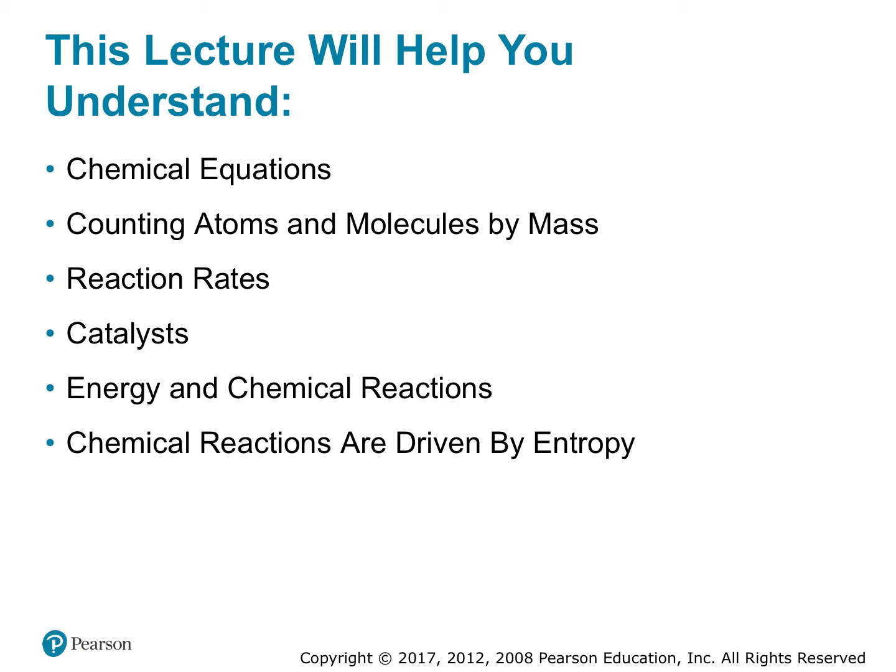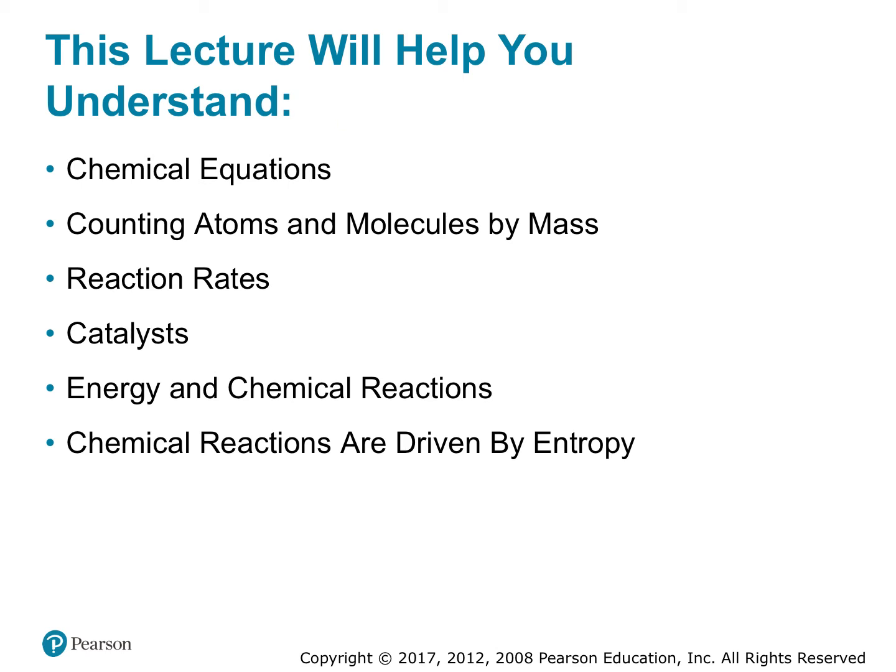In the next video, we're going to look at how different reaction rates occur with different kinds of chemical reactions. We'll talk about how catalysts can be used to speed up chemical reactions, and how that relates to the energy involved in a chemical reaction. And finally, we're going to talk about something called entropy, which is a pretty interesting thing, and we'll get to that in the next lecture.